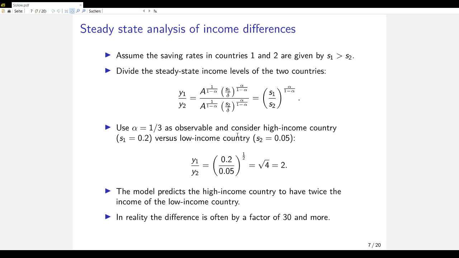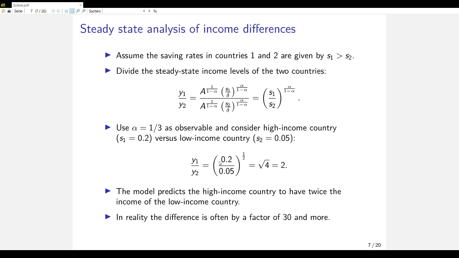And with respect to the saving rate, we now assume that we compare a high-income country with a low-income country, where the saving rate in many high-income countries is about 20% gross saving rate, and in many low-income countries it's much lower, say 5%, because in this case we then have a nice numerical example.